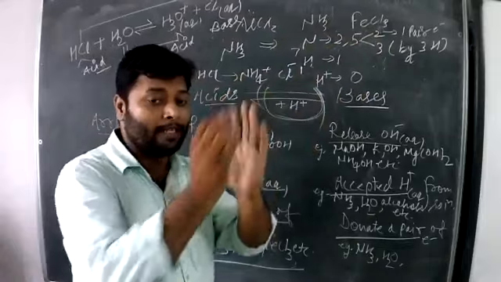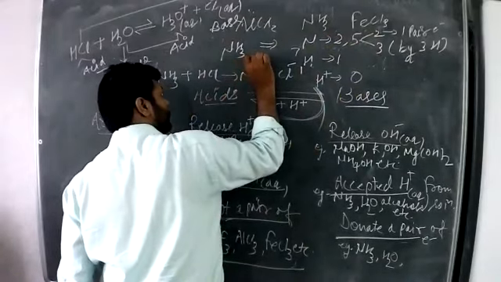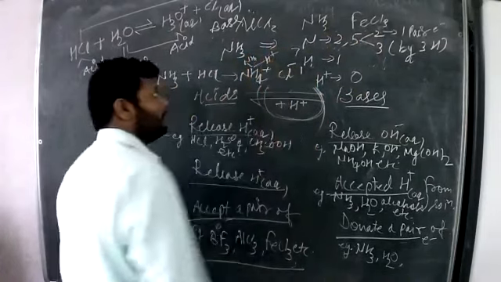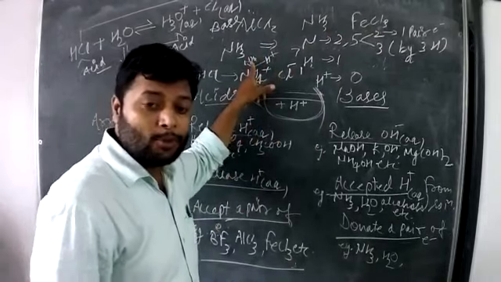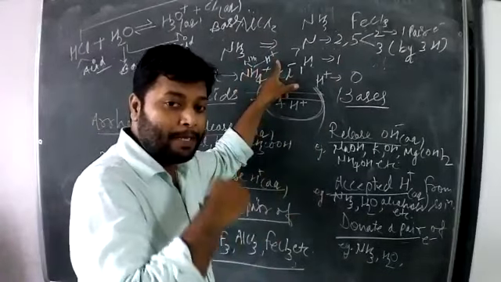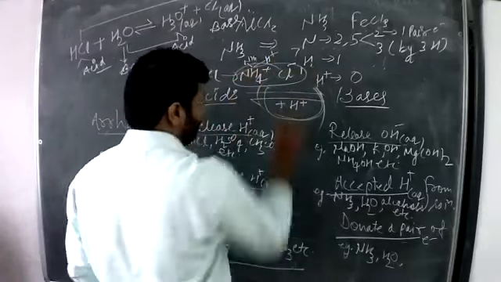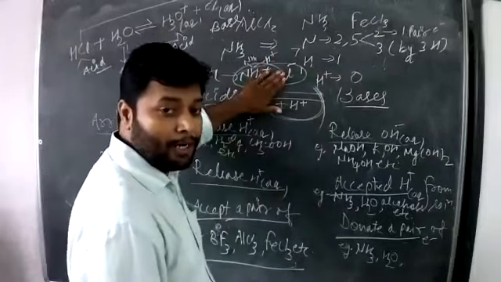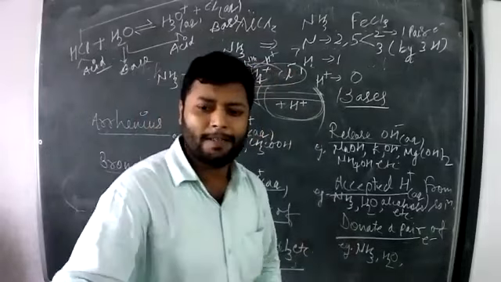So they combine together. See, ammonia plus H plus. Ammonia donates a pair of electrons to H plus, and H plus accepts a pair of electrons from ammonia to make ammonium. And you know ammonium chloride, the substance formed in class 9th level. So how is this compound formed? Ammonia with HCl gives ammonium chloride. Simple.